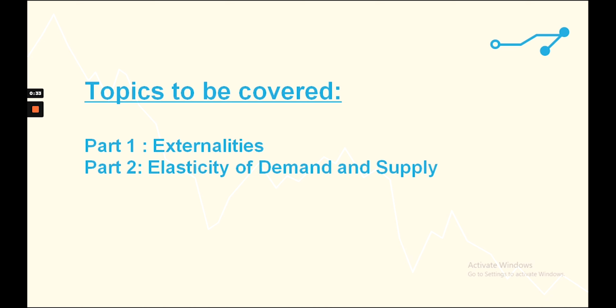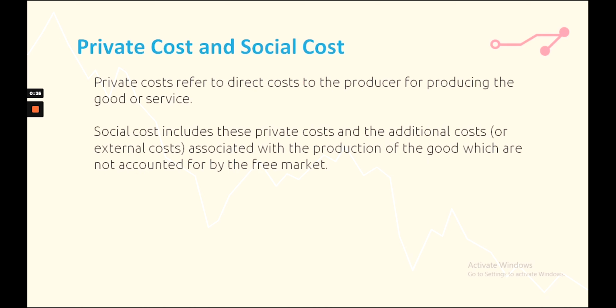To first study what an externality is, we need to know what private and social costs or benefits are. Private costs are the costs that are incurred by the firm or an individual consumer. For example, by driving a car, the fuel expenses, the maintenance charges, or the depreciation of the vehicle, all these costs are incurred by the individual, and thus these are the private costs.